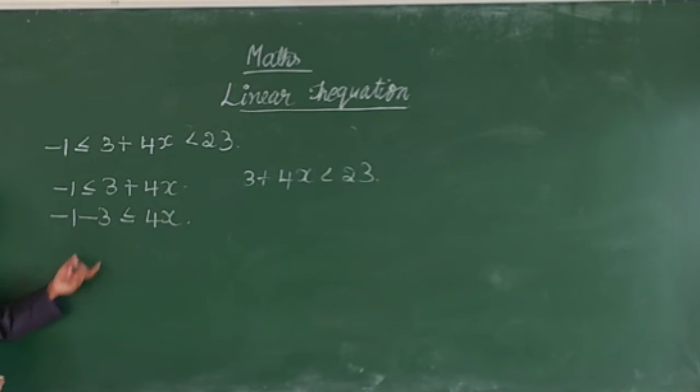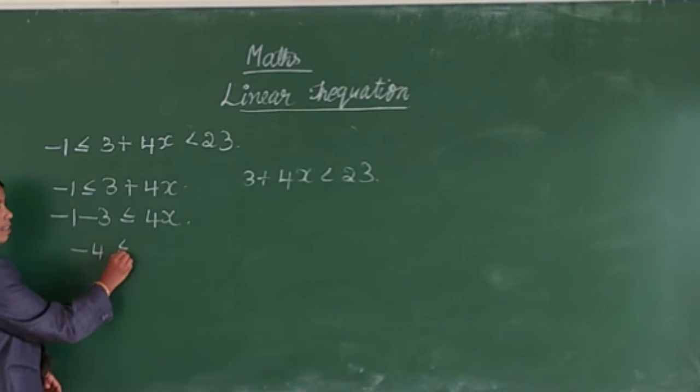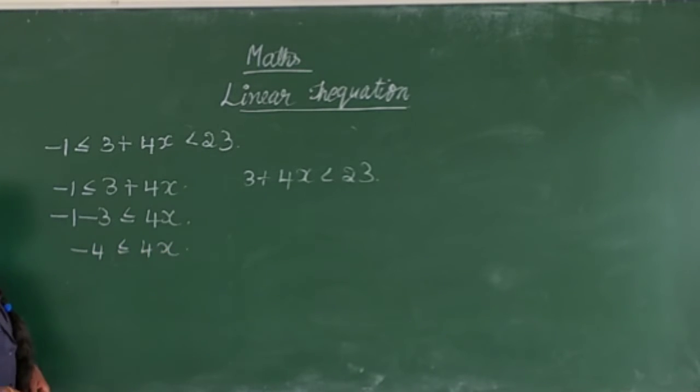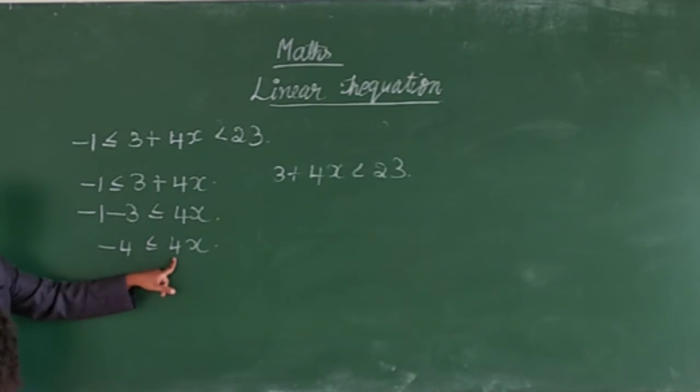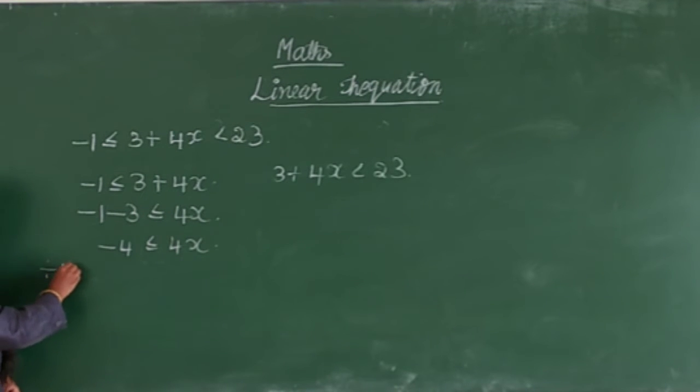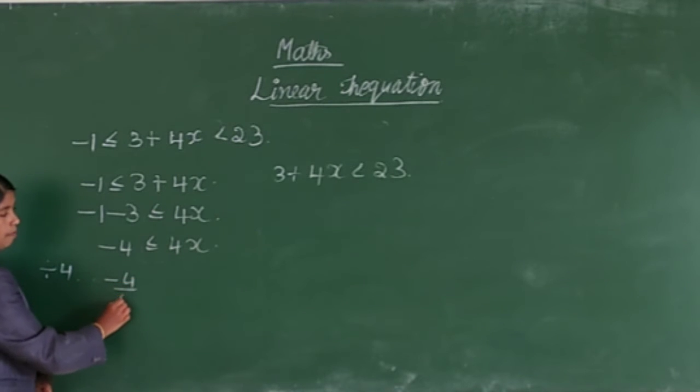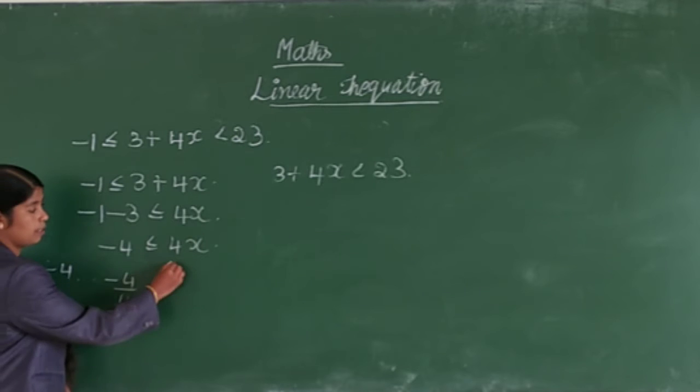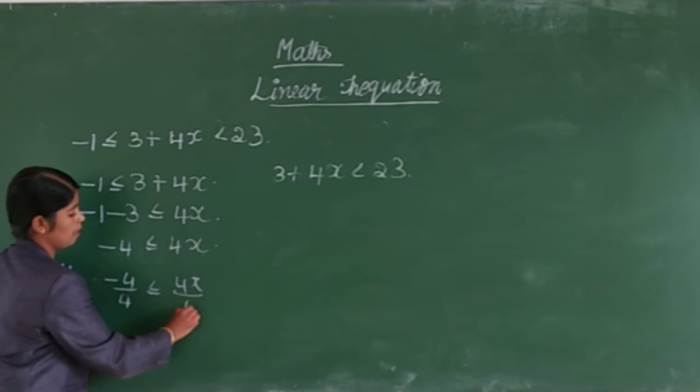Then minus 1 minus 3 is minus 4, less than or equal to 4x. Then we have to remove 4 along with the x. So divide by 4. Then here minus 4 divided by 4 less than or equal to 4x divided by 4.